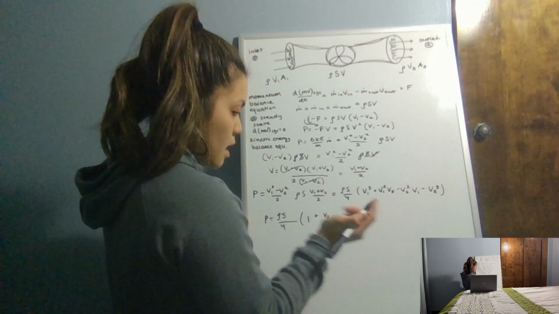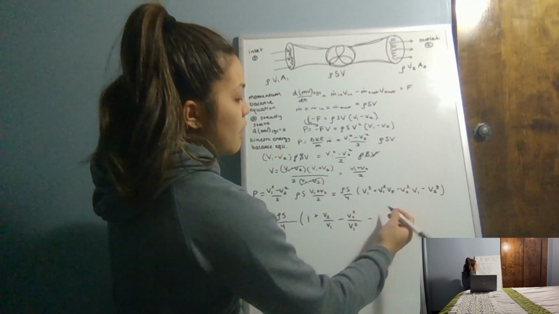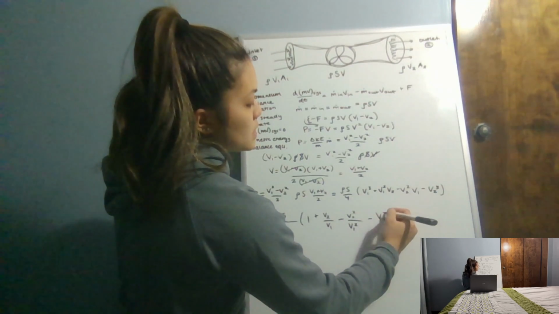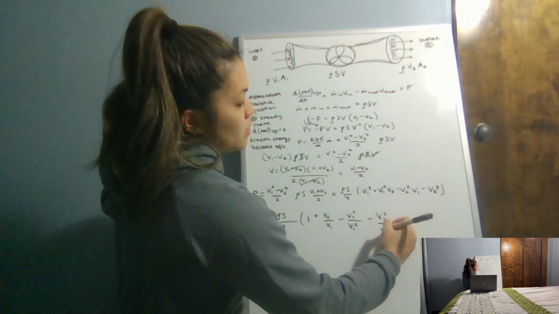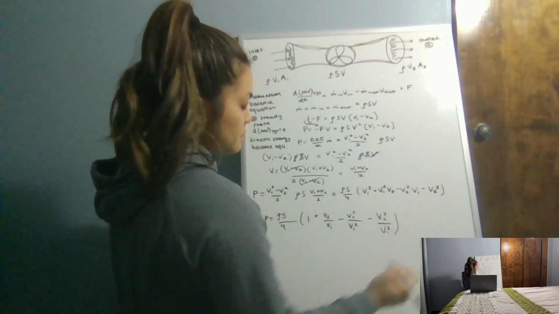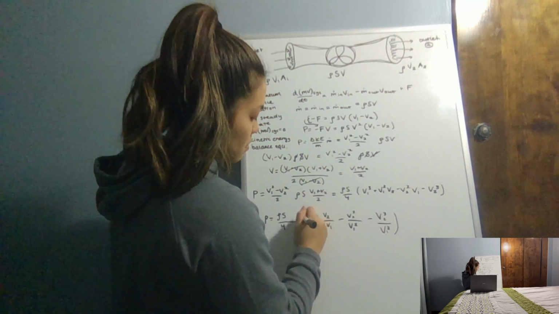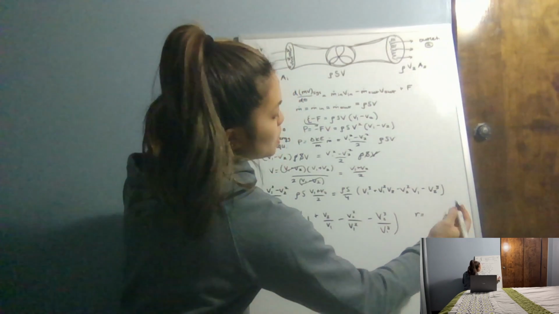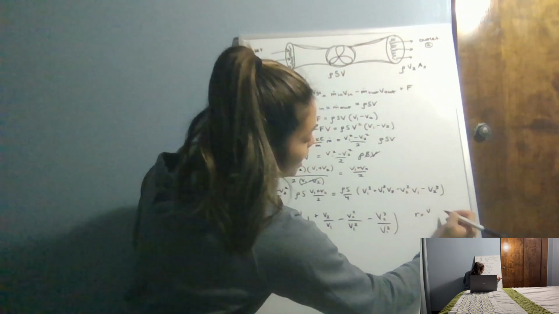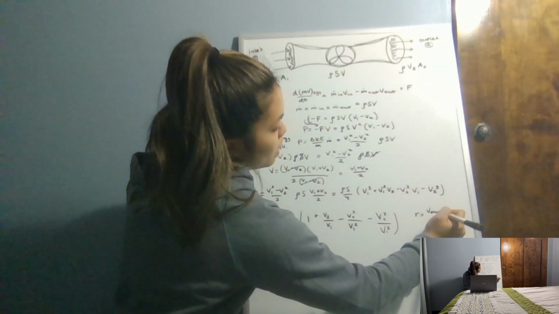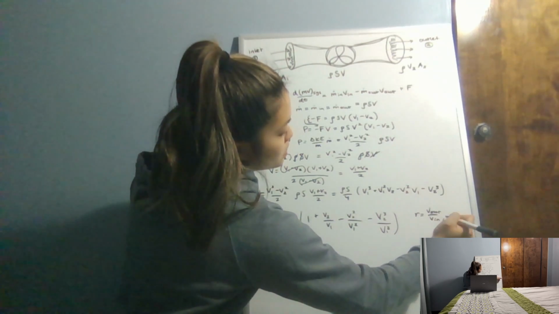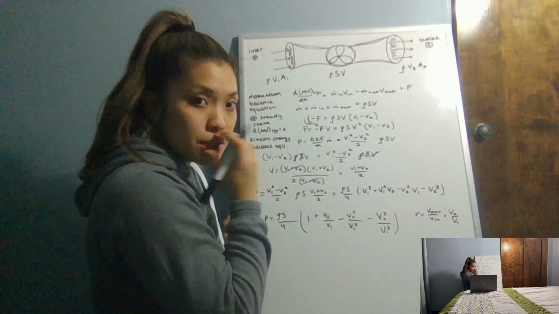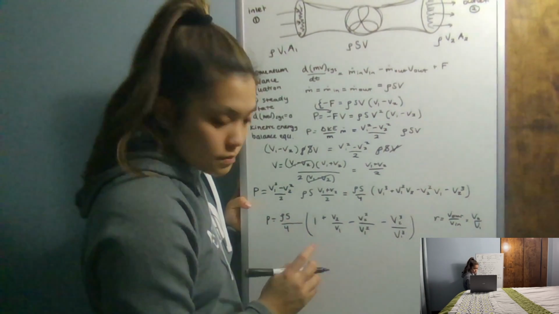And then minus again, the velocity 2 cubed will remain the same, and then we're just dividing by velocity 1 cubed. And so if we were to define R as the ratio of the velocity out, so that would be velocity out divided by velocity in, so that would just be v2 divided by v1.